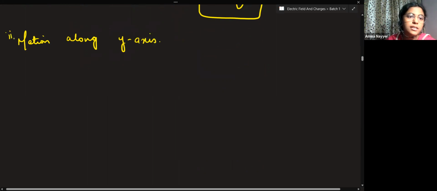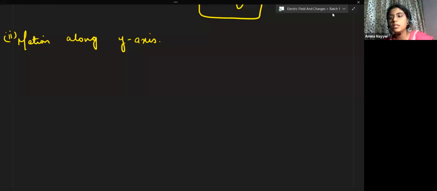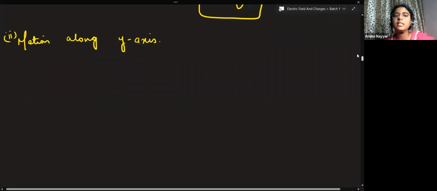So this was when we solved it for only the x-axis. We have to consider motion along the y-axis for the calculation of deflection. Motion along the y-axis will be the answer for the second part. For the first part, we have calculated the time period.